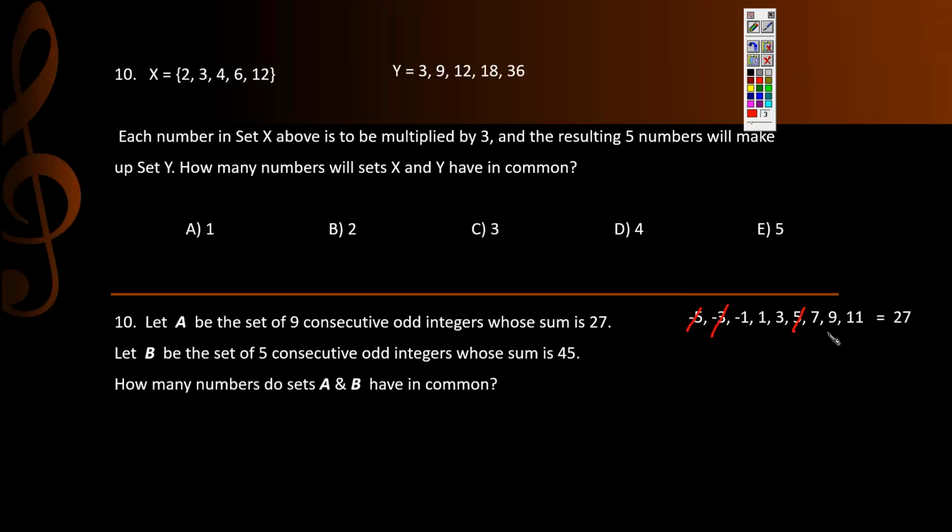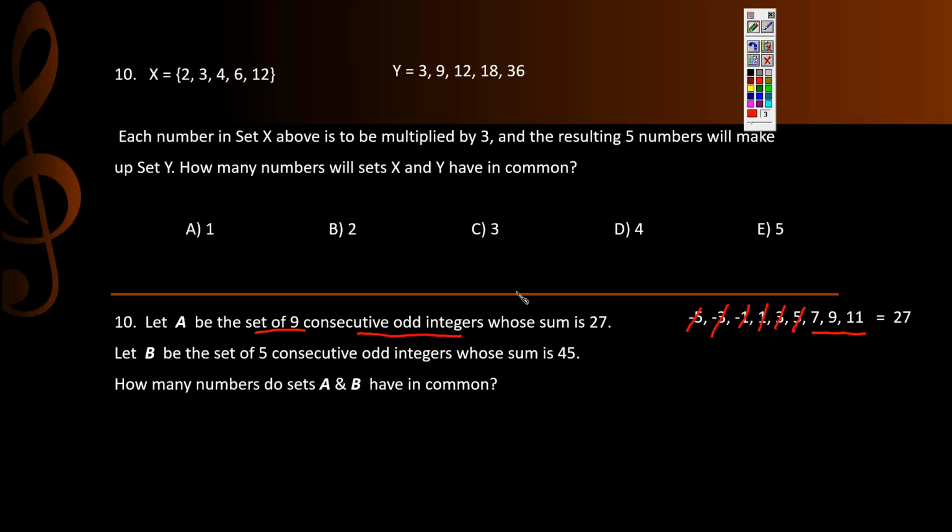The negative 3 gets canceled here. The negative 1 gets canceled here. And so actually what I'm doing is looking for 3 consecutive odd integers that equal 27. And then I just kind of go backwards and put the negative numbers to cancel those other ones until I have met the criteria, which said 9 consecutive odd integers.